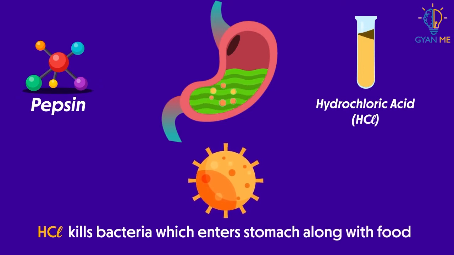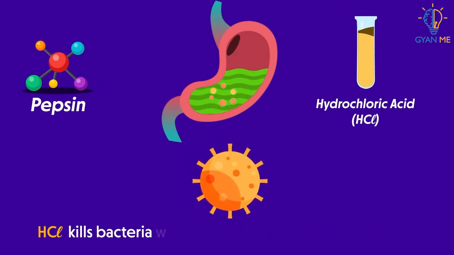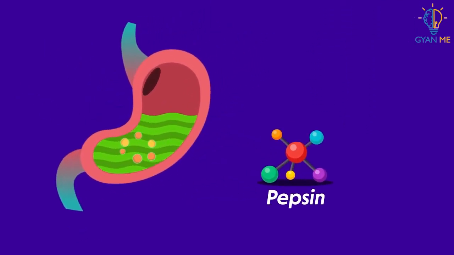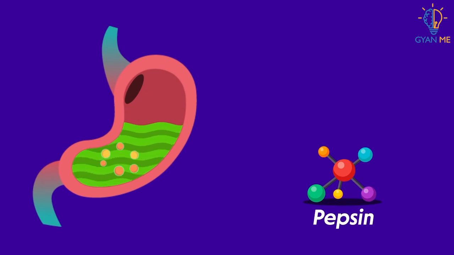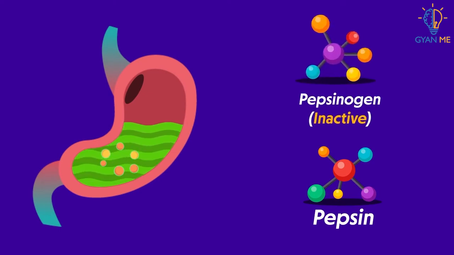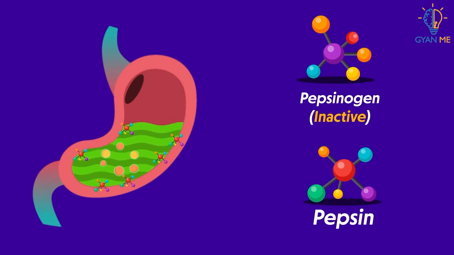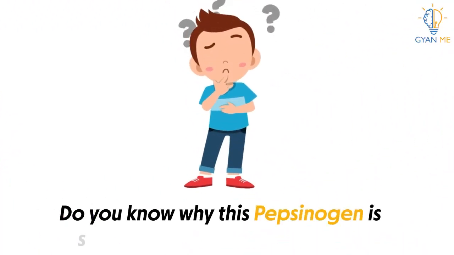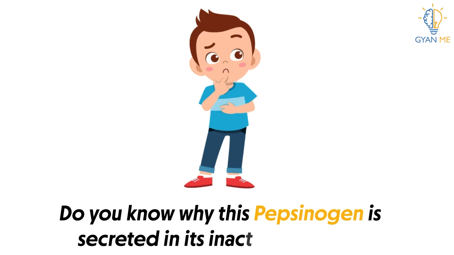Students, it will be very interesting for you to know that pepsin, which is secreted in the stomach, comes in its inactive form called pepsinogen and becomes active only after it comes in the stomach's acidic pH. Now, do you know why this pepsinogen is secreted in its inactive form?